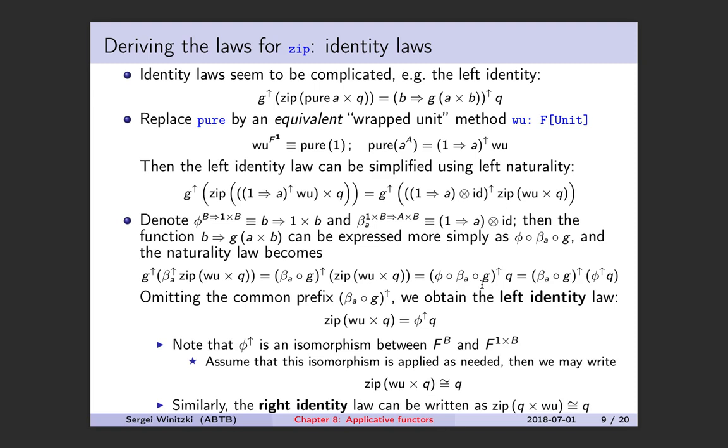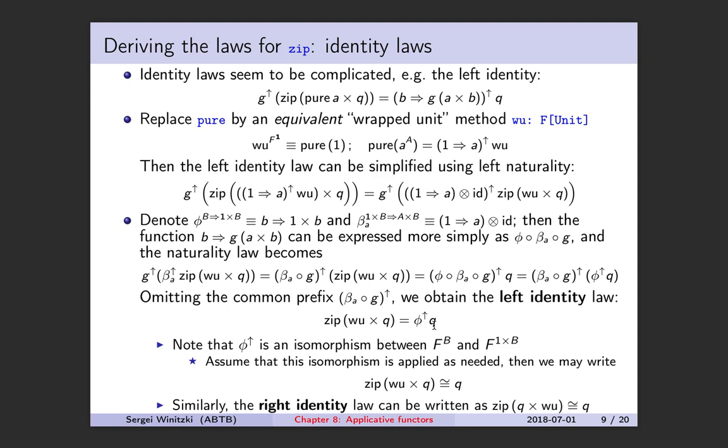But here we can also put phi inside, so we can lift phi first, and that would act on Q first. So now we have an equality that has a common prefix of some functions. We can omit it, and the law becomes much simpler. It's like this.